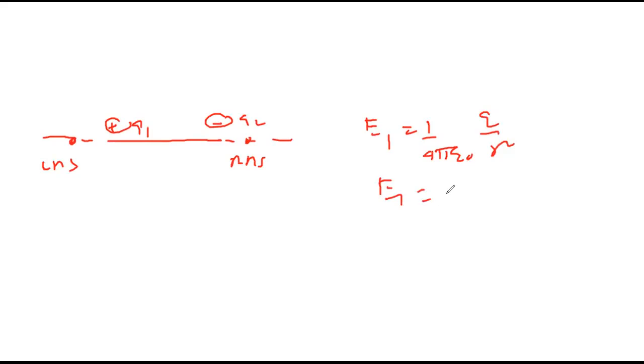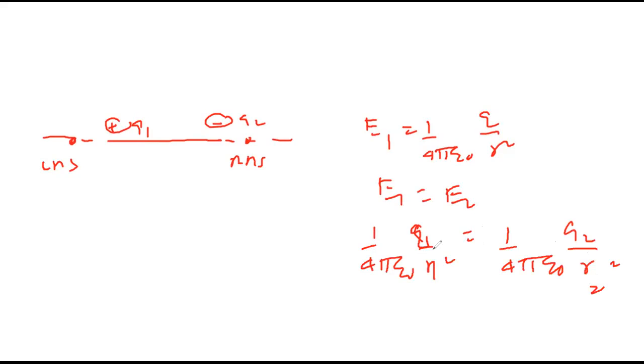If E1 becomes the same as E2, then only intensity will become 0. So 1 upon 4 pi epsilon q1 upon r1 square should become 1 upon 4 pi epsilon q2 upon r2 square. That means q upon r square should be constant. That means q is proportional to r square. That means if q is more, r will be more.